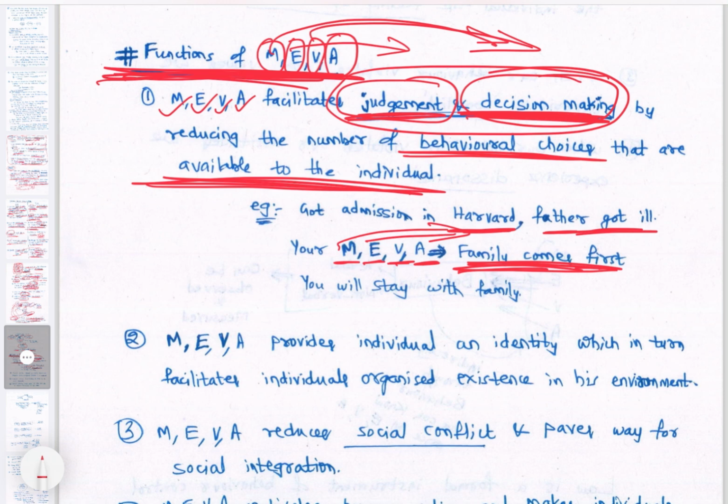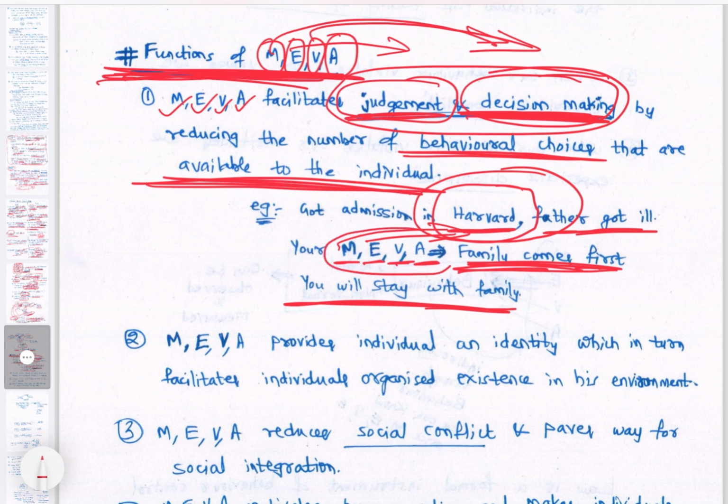So you need to be there for your father. You will stay in India and not go to Harvard. Rather, you will go next year or after your father's health gets better. So morals, ethics, values, and attitudes help in decision making and making judgment.